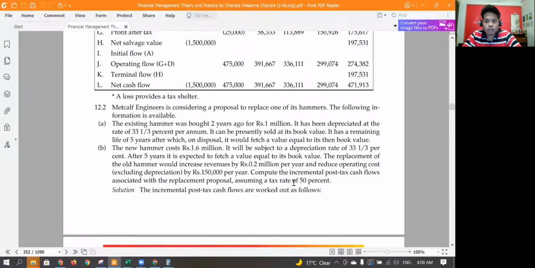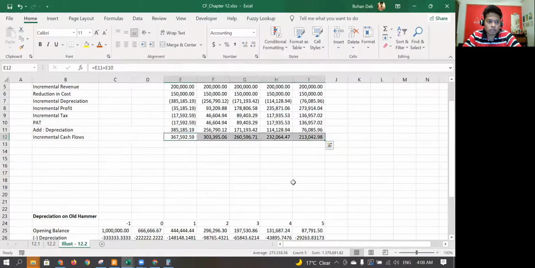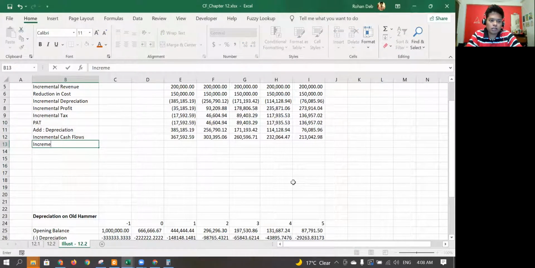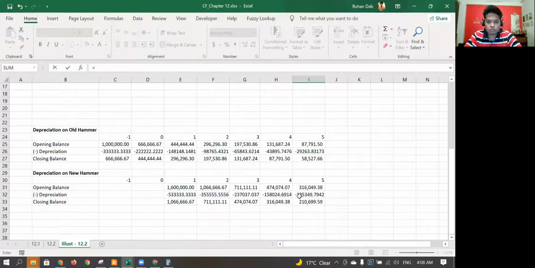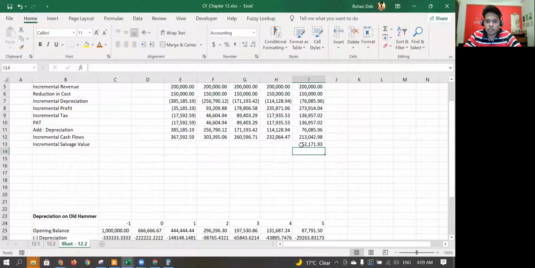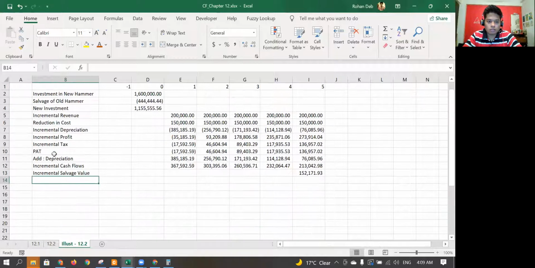At the end, you will also get a salvage value from the sale of the hammer. So incremental salvage value equals this minus this. This is the incremental salvage value, 152,000. Yeah, got it.